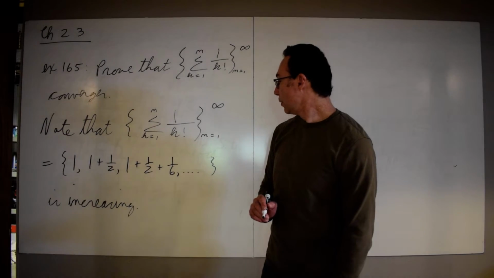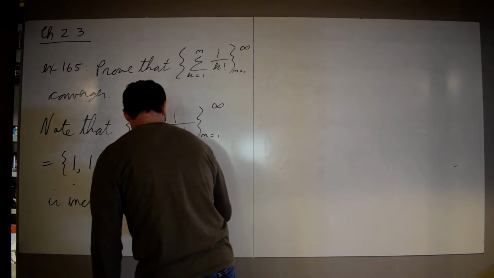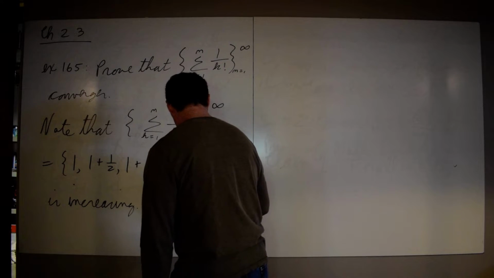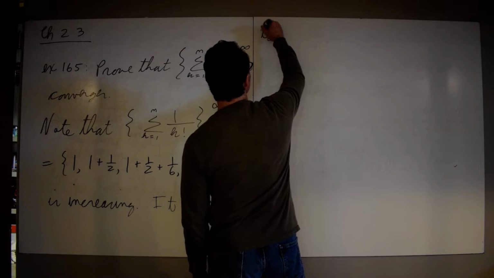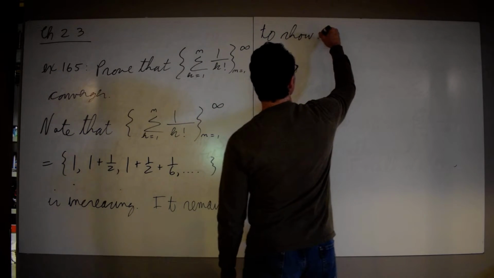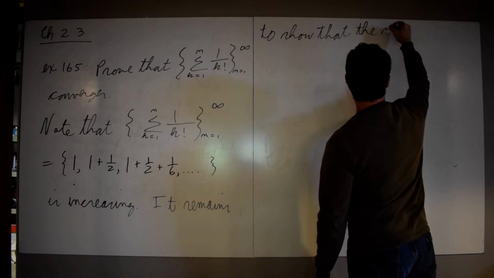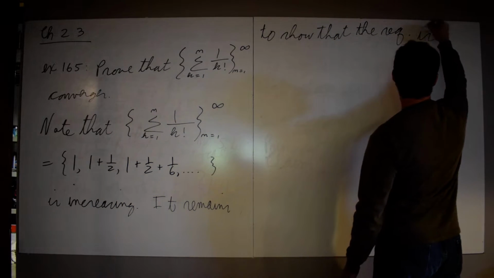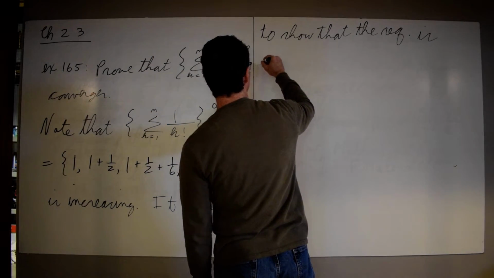So what we need to do now is prove that it's monotonic. So it remains to show that the sequence is bounded above.